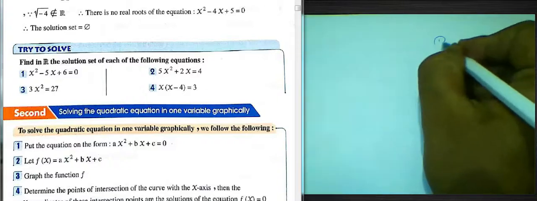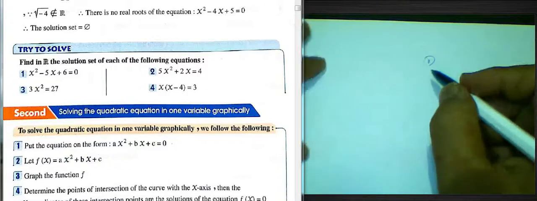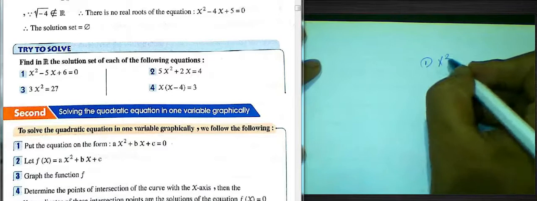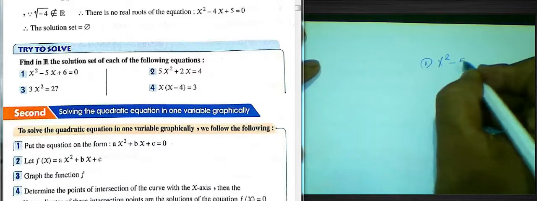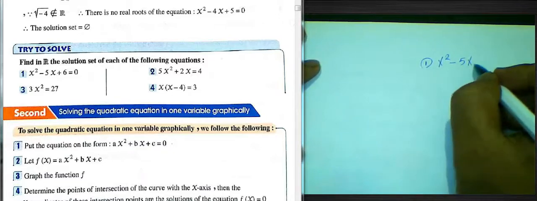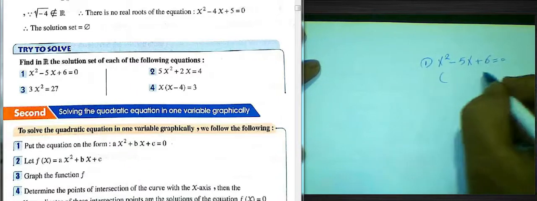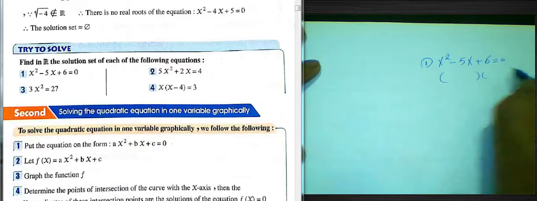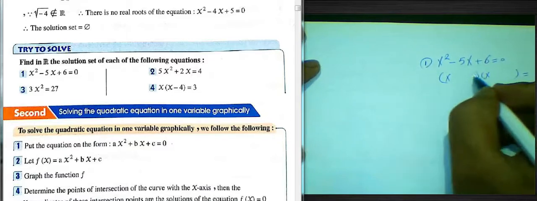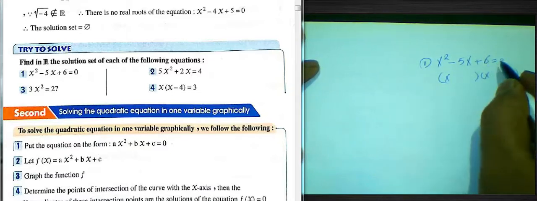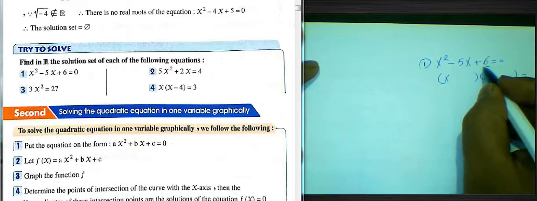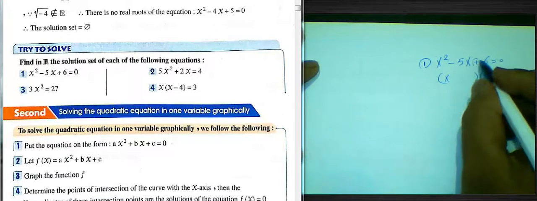Number 1, x power 2 subtract 5x plus 6 equal 0. We can use factorization. x power 2 equals x times x. We need two digits whose product equals 6 and whose sum is 5.